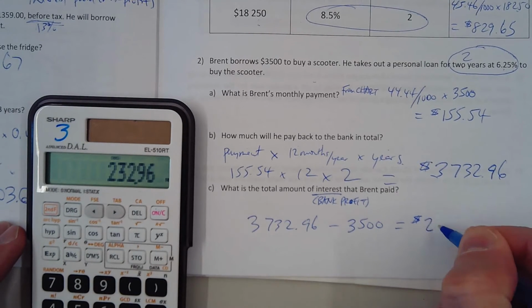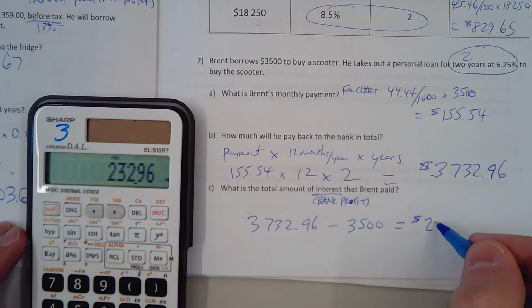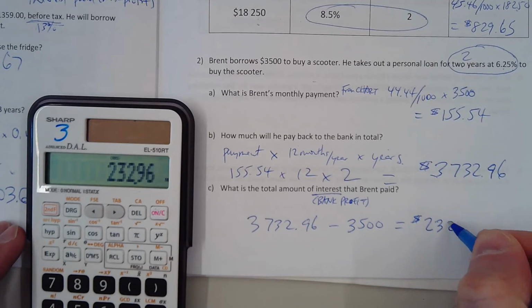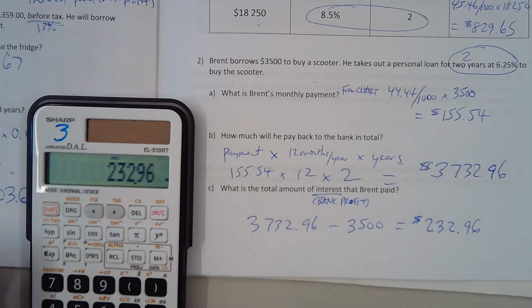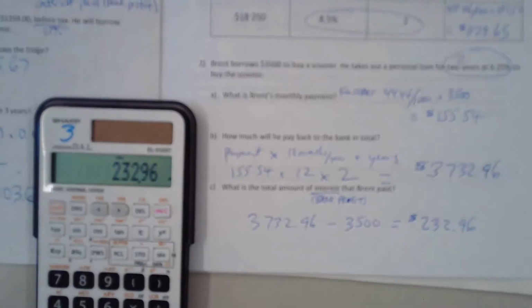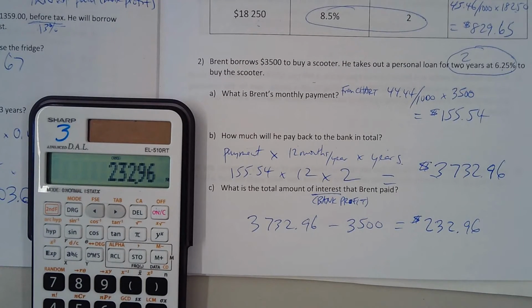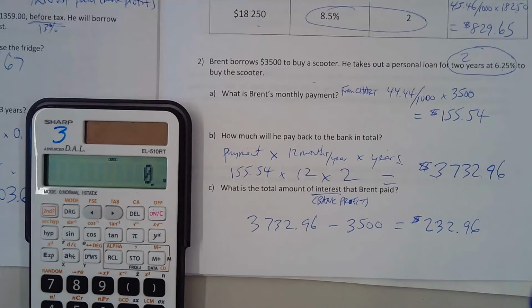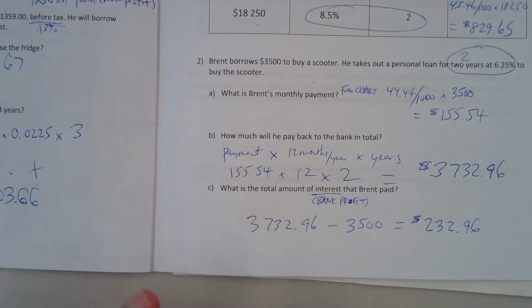And it looks like our special thank you, or Brent's special thank you for borrowing money, is to gift the bank $232.96. Which isn't too bad, but keep in mind it's only 2 years, and it's a relatively small loan. Everybody else get that? $232.96? Yeah. Okay, good.